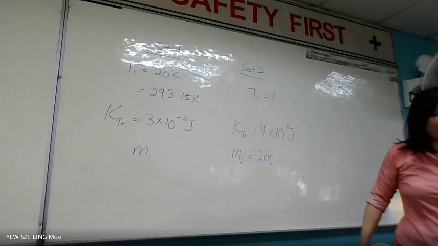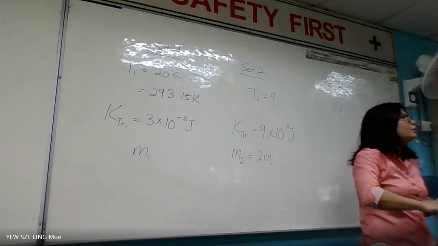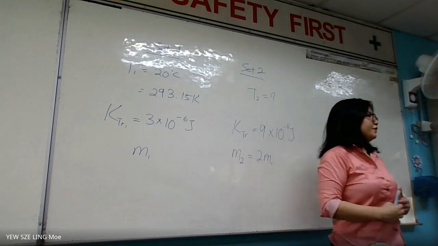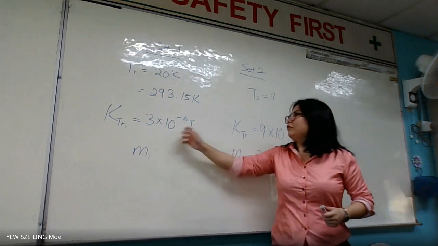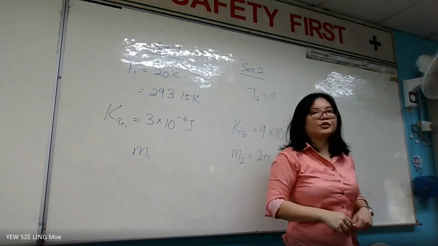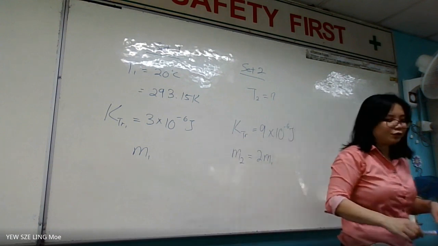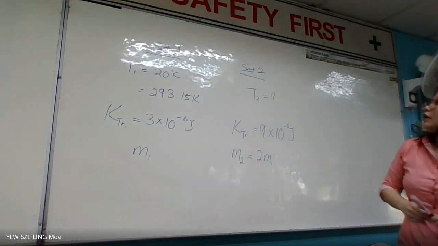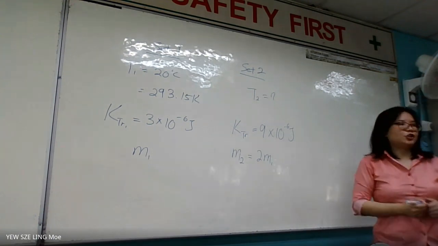So when you have a question like this, the thing that you can do is try to identify what equations can be used first. When you have two sets of information, it means that you can form two equations. Your first task is to find out which equations can be used. So now let's see. Now I have translational kinetic energy.